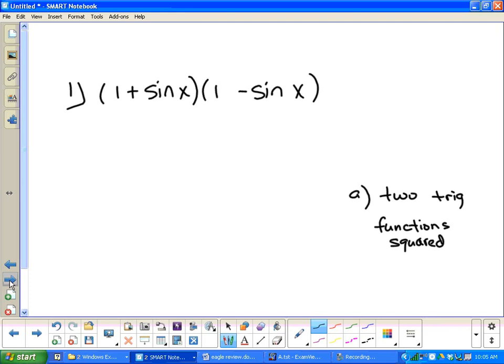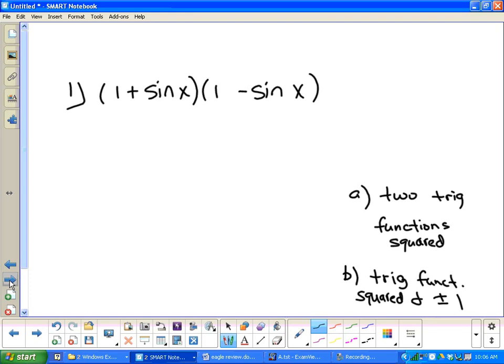Okay, the other thing would be if you saw a trig function squared and a plus or a minus 1 in there somewhere. Okay, so I see two trig functions squared, and then I see a trig function squared and a plus or minus 1 somewhere. That's what I'm going to look for to substitute something with a Pythagorean identity.